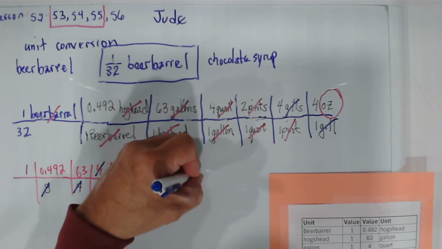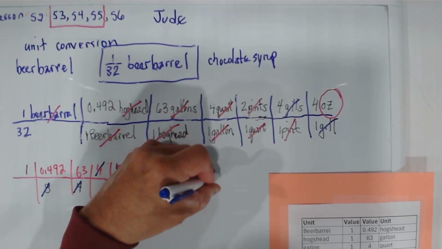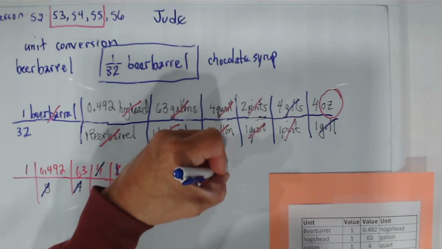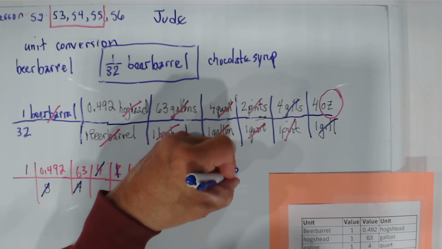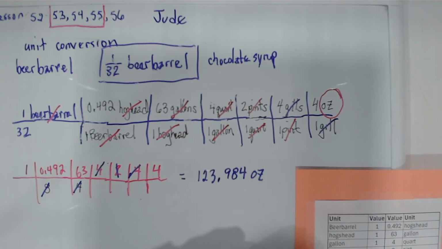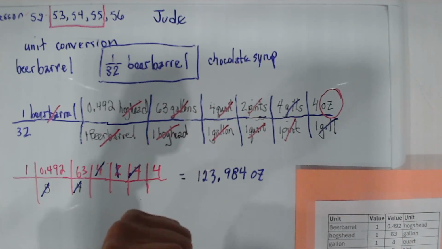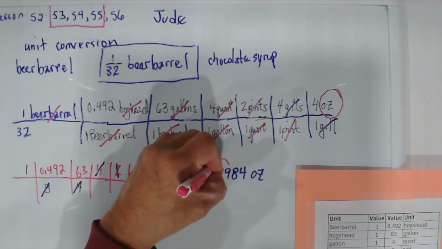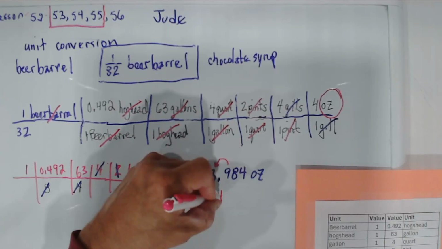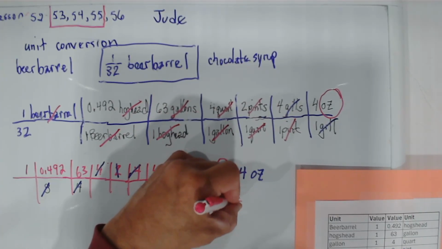That is going to equal 123.984 ounces. If we round that up to the nearest ounce, that becomes about 124 ounces.